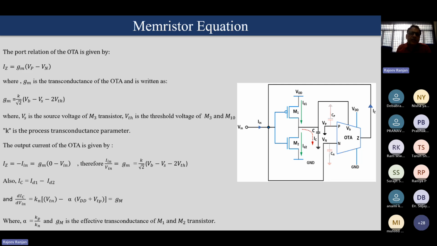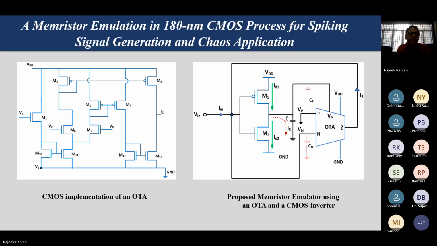In the BJT case we know that Gm equals IB upon VT, but here, because this is CMOS, after analyzing the internal structure of the circuit, Gm equals K times the square root of (VB minus VS minus 2 VTH), where VS is the source voltage of M3 and VTH is the threshold voltage of M3 and M10.